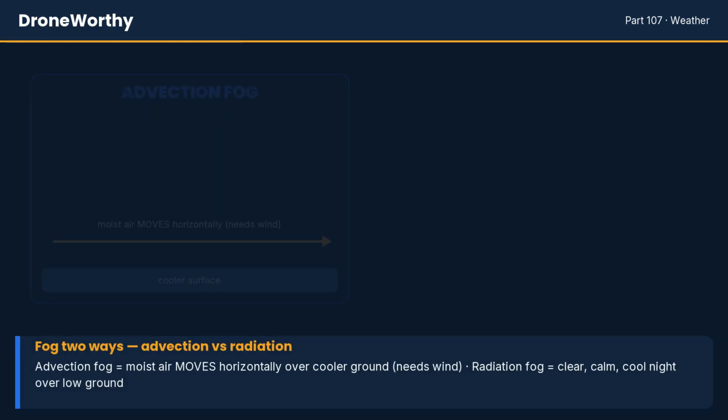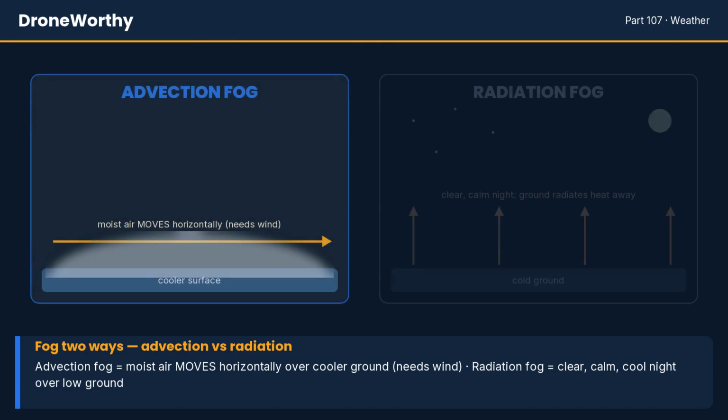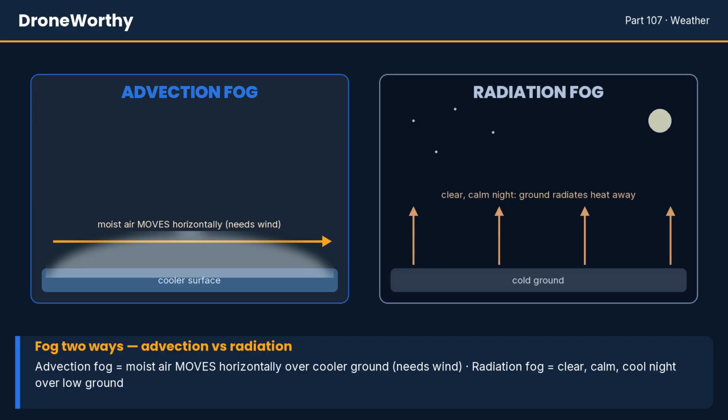Fog is just our stability idea meeting moisture at the surface, and it comes two ways. Advection fog needs movement. Warm, moist air sliding horizontally over a cooler surface with a little wind to keep it going. Think sea air drifting inland on a winter morning. Radiation fog is the opposite. No movement at all.